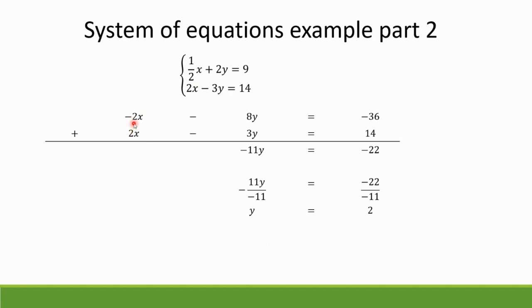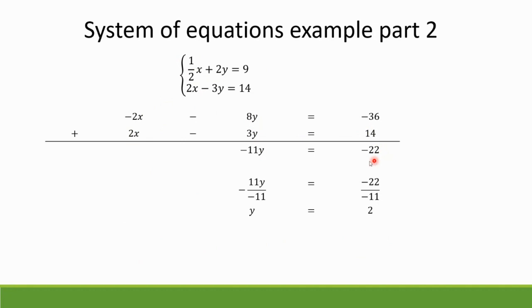So we get -8y plus -3y, which is -11y. Here we have -36 plus 14 is -22.